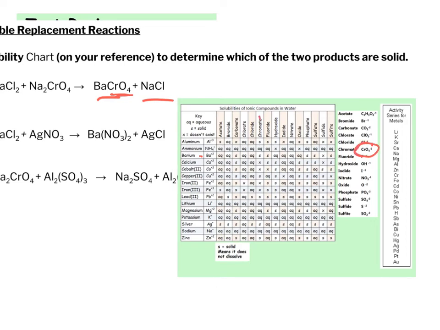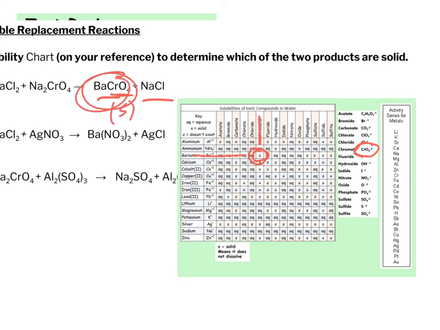So that's this column right here. So barium chromate, is it going to be a solid? Then we look at the chart, and that intersection has an S. Now S indicates solid precipitate. So barium chromate would be a solid.